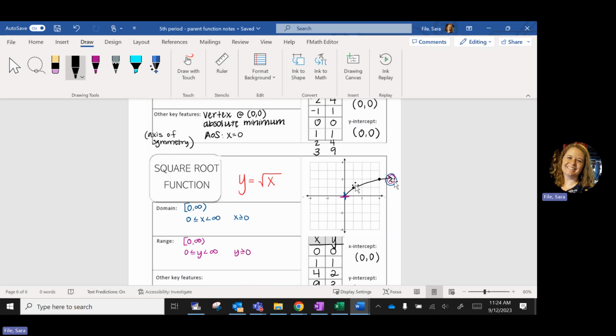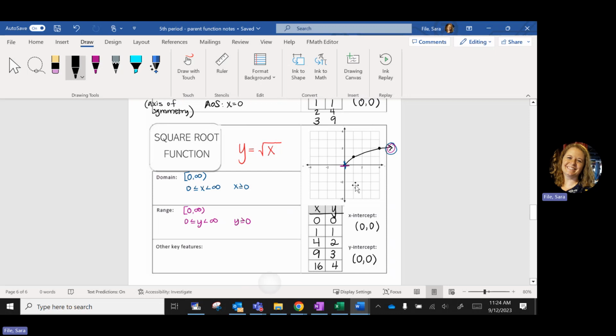This one is not symmetrical. But what does it have that we listed up there? It has a minimum. Even though this is not a vertex, that doesn't mean it's not a minimum or a maximum value. You can have a maximum or a minimum that is not a vertex. This is just an endpoint of our graph, but it is the minimum point of the graph. So this does have an absolute minimum.